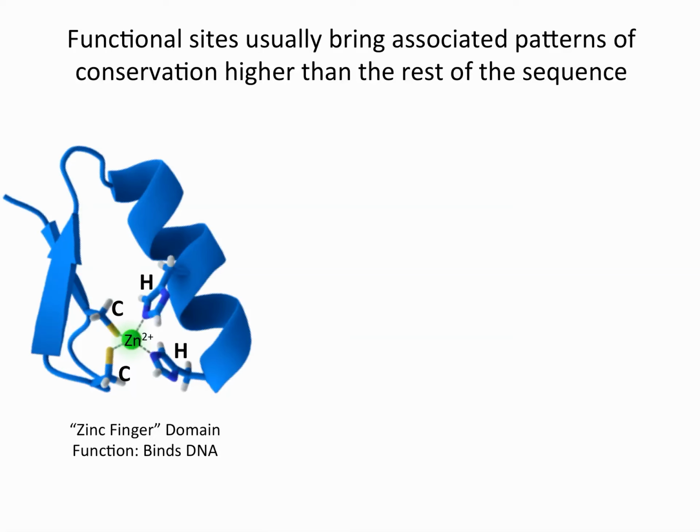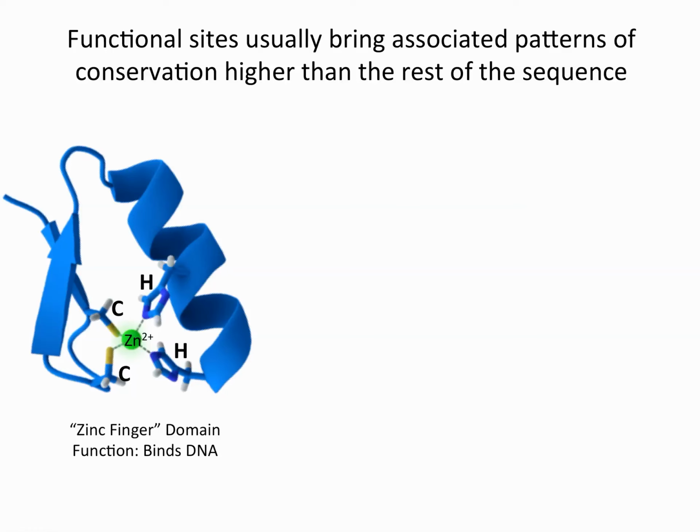Let's take an example of the application of one of these methods for the detection of remote homologs of a given protein family, which could be characterized by the presence of one functional domain. In this case, we are going to see the example through the zinc finger proteins.